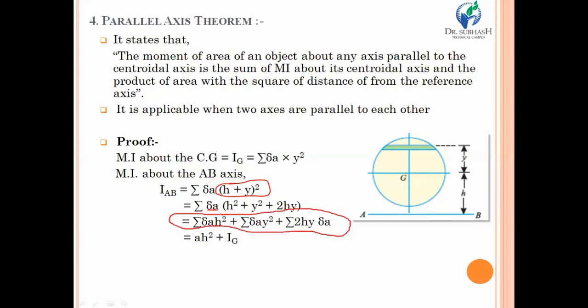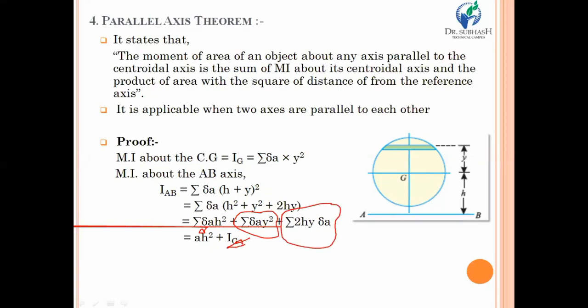But ultimately, by integrating these terms, delta A becomes small a, that means the area of the circular section, and h square remains h square. Over here, delta A into y is nothing other than the first moment of area, which is multiplied with 2h, and it becomes zero about the centroidal axis. And the y square term gives the moment of inertia about the centroidal axis.